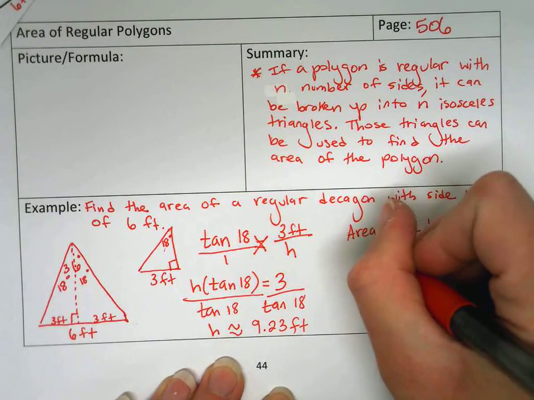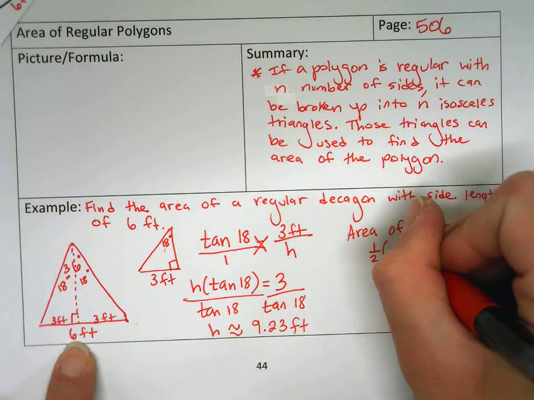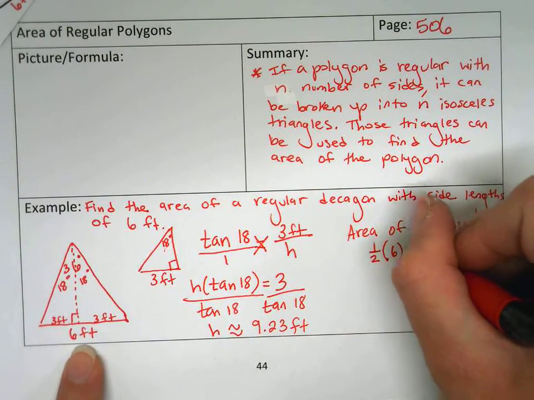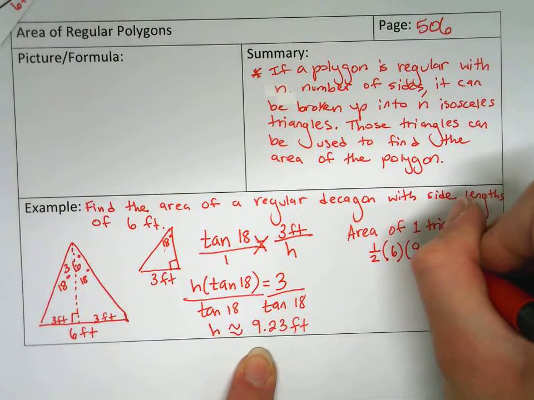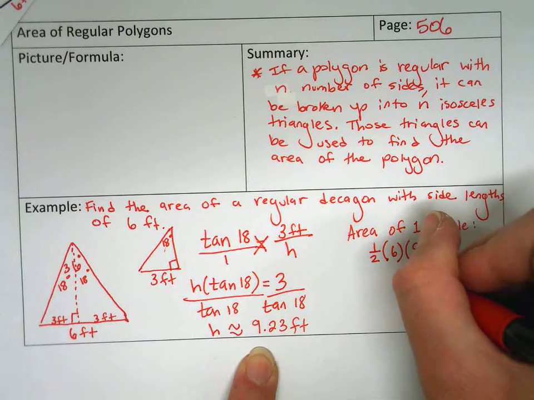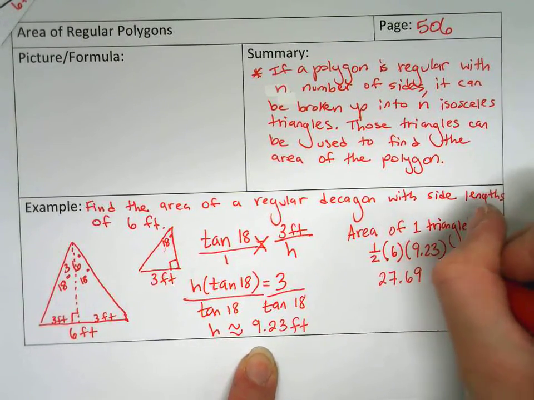So that's going to be 1/2. The base of this triangle is 6 feet. We're using the big isosceles triangle. And the height is about 9.23 feet. So the area ends up being about 27.69 feet squared.